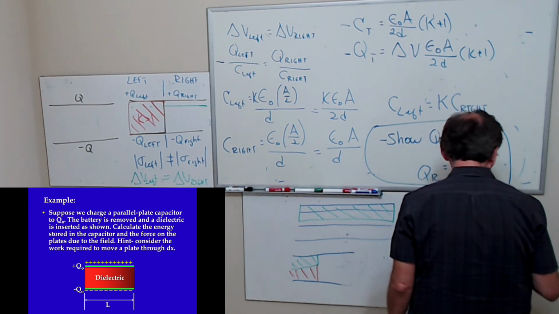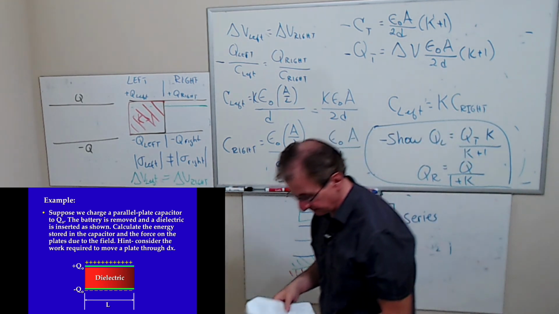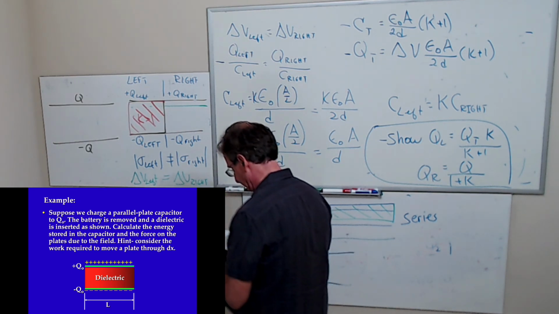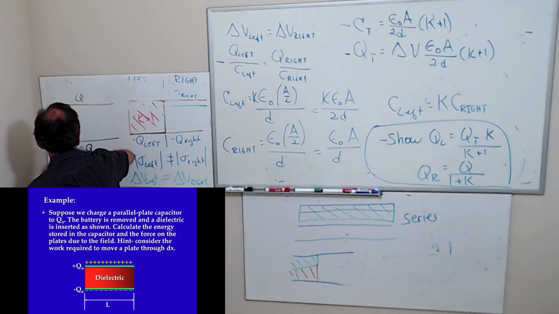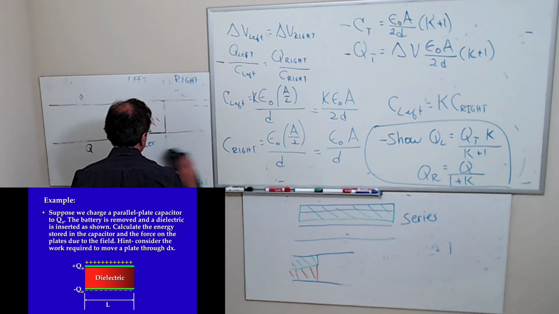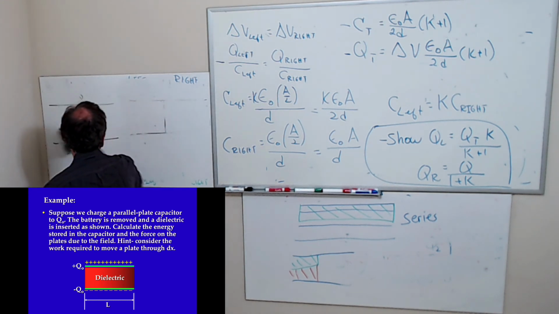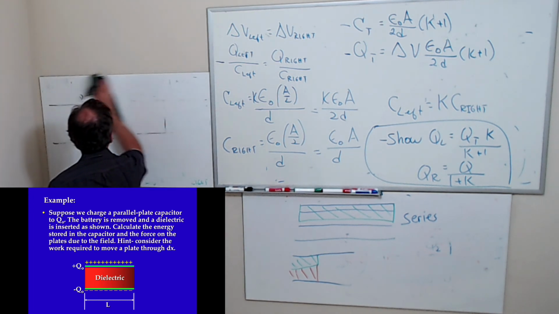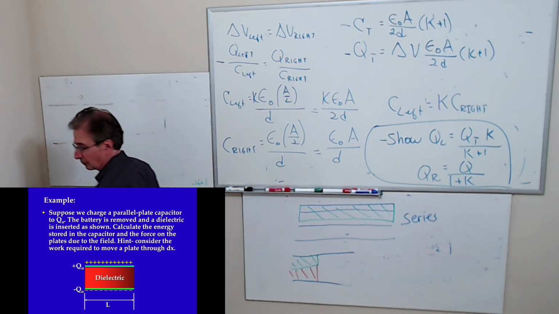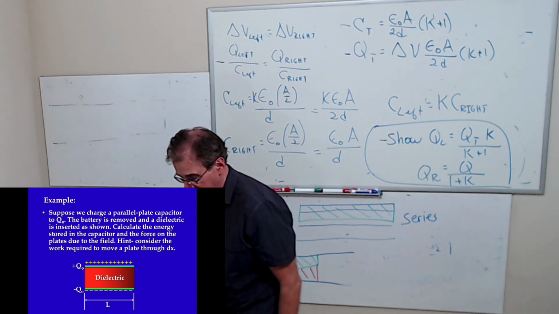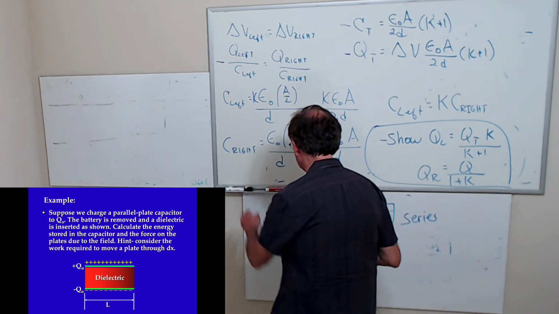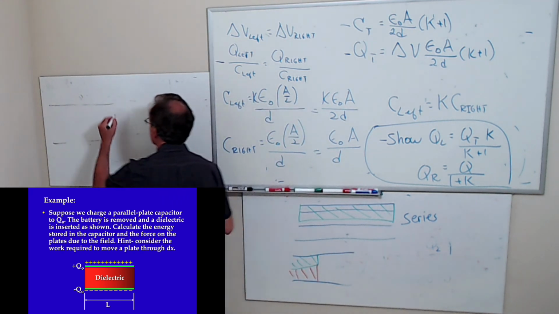Okay, so we need to write an expression for the energy stored. And I can do this question with the dielectric in place or not, but I just did it with the dielectric in place. So here's a capacitor.